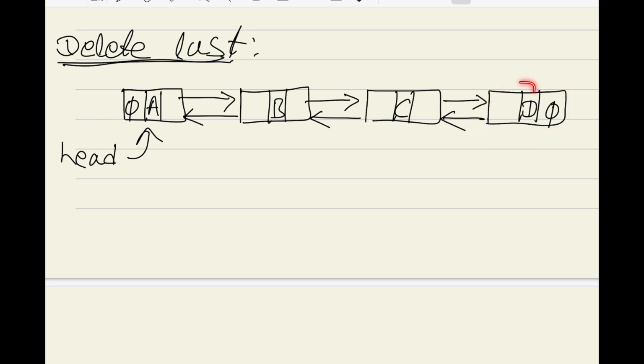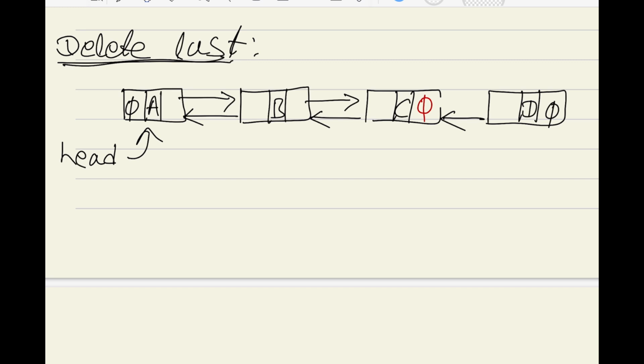So, if we want to delete this node D, we can just make the next of C null. If we make the next of C null, then the node D is automatically deleted, or we cannot reach this D. So, just update the next and remove this one. In place of referring to D, just make next to null.